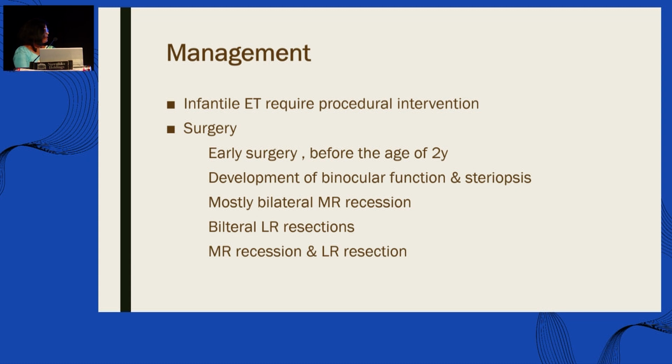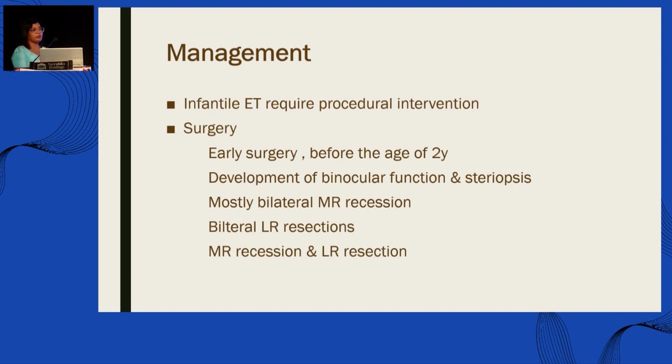As I said earlier, a precise diagnosis is important because infantile esotropia is primarily a procedural intervention, whereas for others, sometimes you may give spectacles or we may observe, and if there are any neurological issues, you go in different directions of assessment and management. So this is why infantile esotropia needs to be diagnosed precisely.